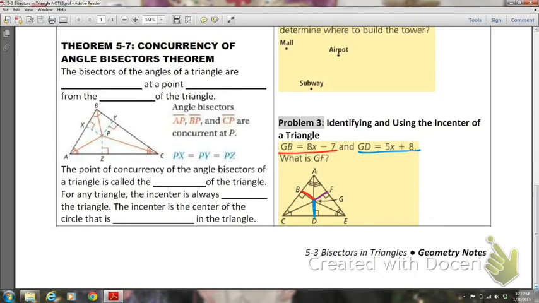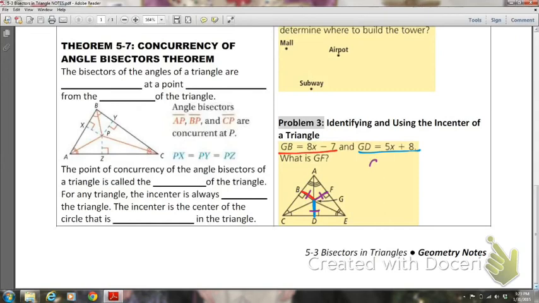And so all of the segments formed from the incenter perpendicular to each side have to be congruent by this theorem that we've gone through. So what is GF?